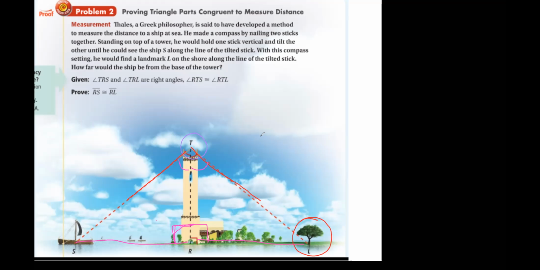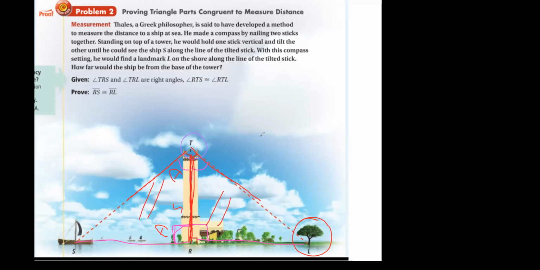And also, since this side is a reflexive side, I have now side-angle. Since this postulate can work, I can prove now this triangle is congruent with this triangle.